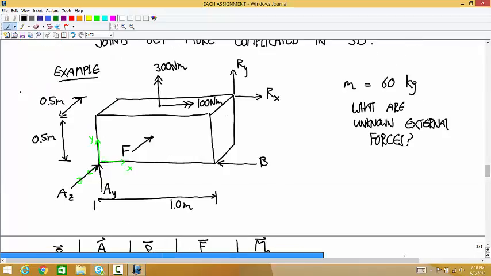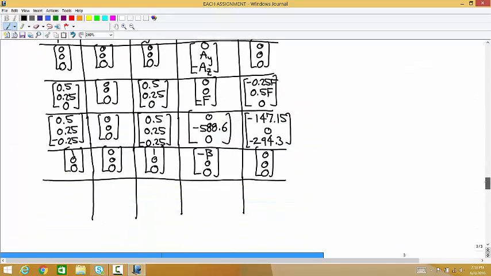And what do we have left? The one up in the Ry and Rx. What are the coordinates of that? 1.5 and then negative 0.5, I think. And then about point is 0.